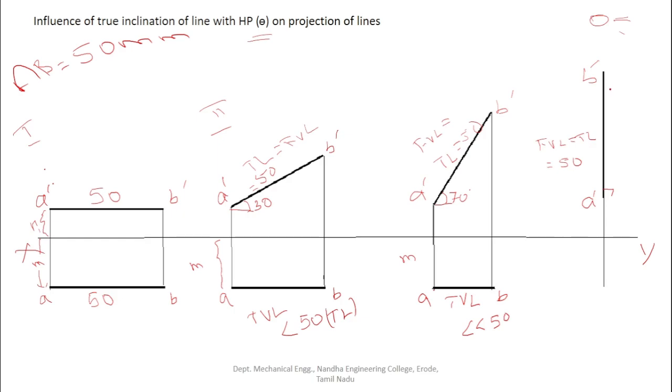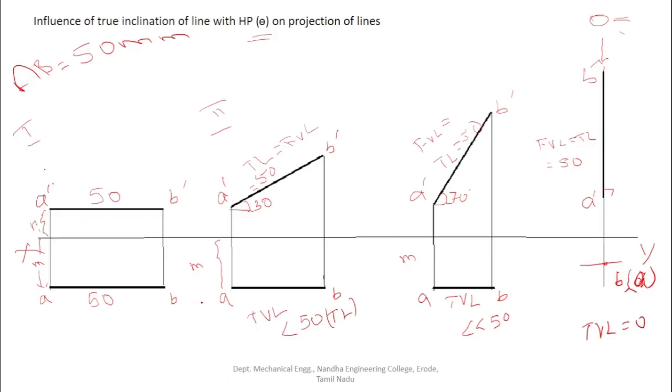He is able to view only the point B. Point A he cannot view, because the rays are perpendicular to the HP and parallel to VP, so the rays will touch only the point B. Only point B is visible to the observer, and point A is hidden exactly behind point B. So we have to mention point A within brackets, enclosed in parentheses. Now B is the only one visible. So right now the top view length is 0.